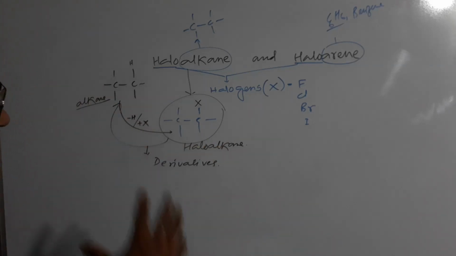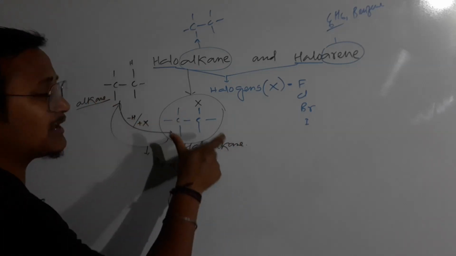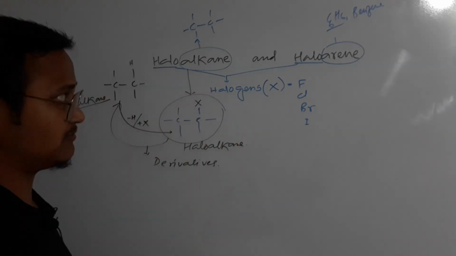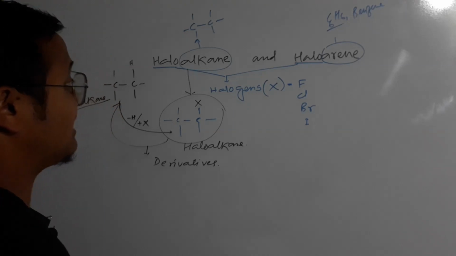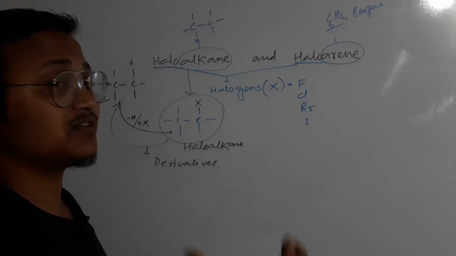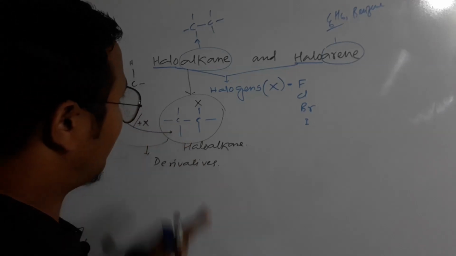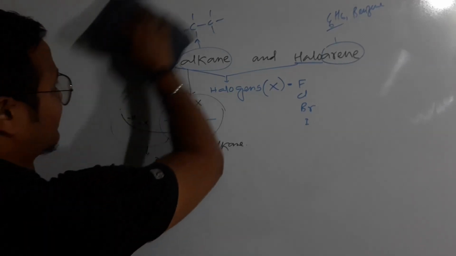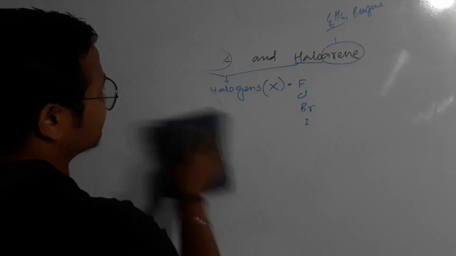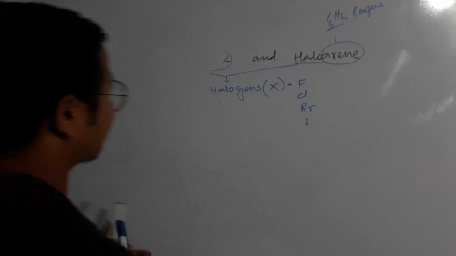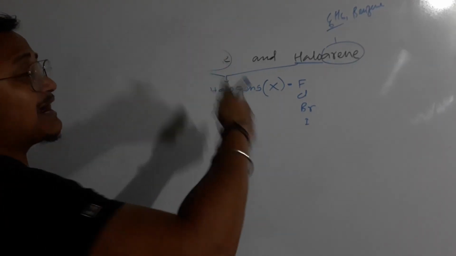Now think about it: in a haloalkane compound, only one halogen is there. Then how could we write the general formula? This is applicable only for haloalkane containing one halogen. We are saying that from alkane we are getting haloalkane.